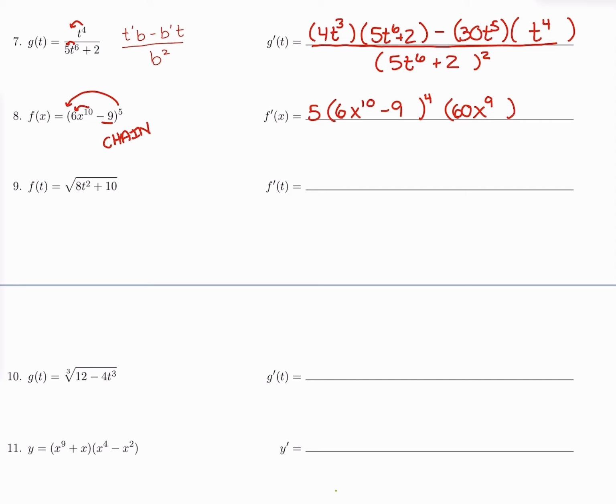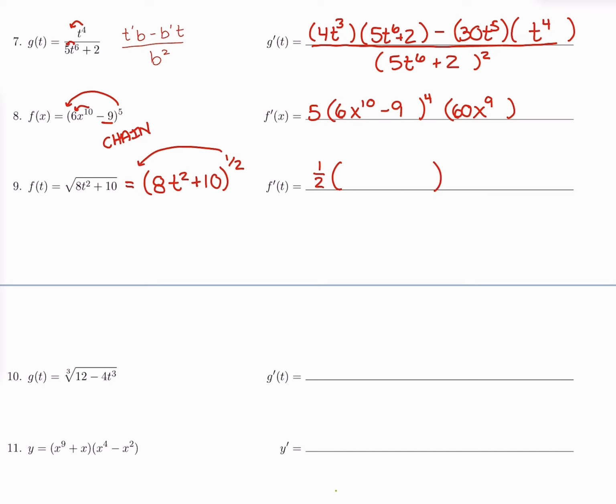So we brought down our power 5, raised it to a 4, and then multiplied by the derivative of the inside. We're going to do that exact same rule all over again, but I do have to do some algebra first because I don't have a nice 5th power here. I have a fractional power. It is a 1/2 power when we have the square root. So we have 8t squared plus 10. I'm going to use my chain rule now and bring down that 1/2 power.